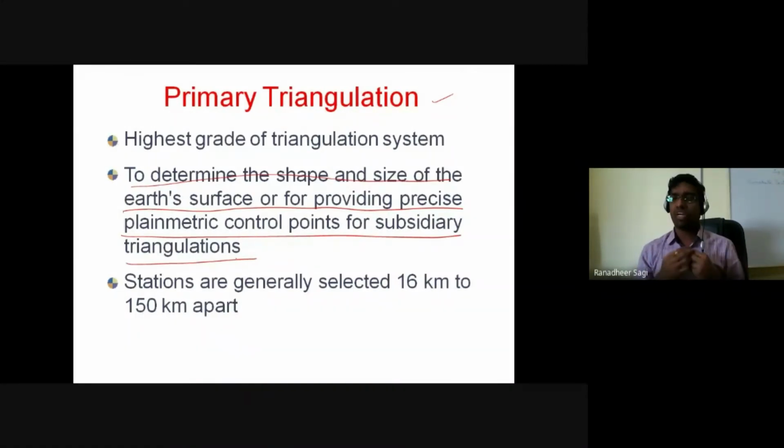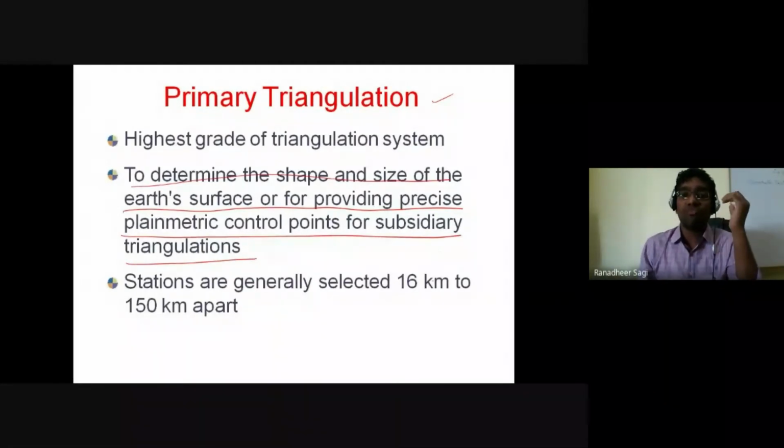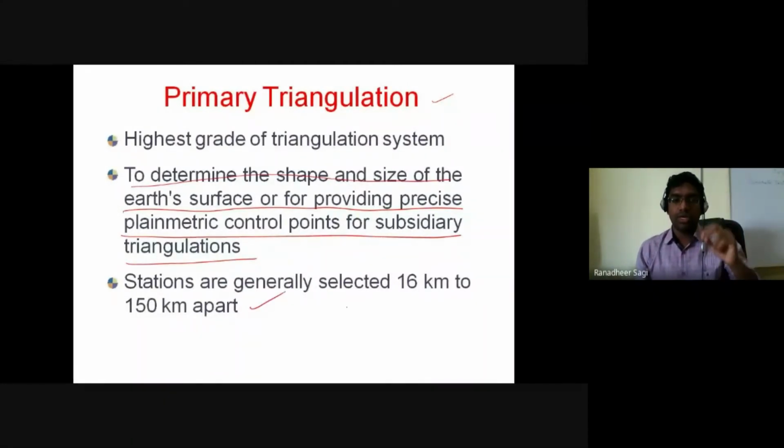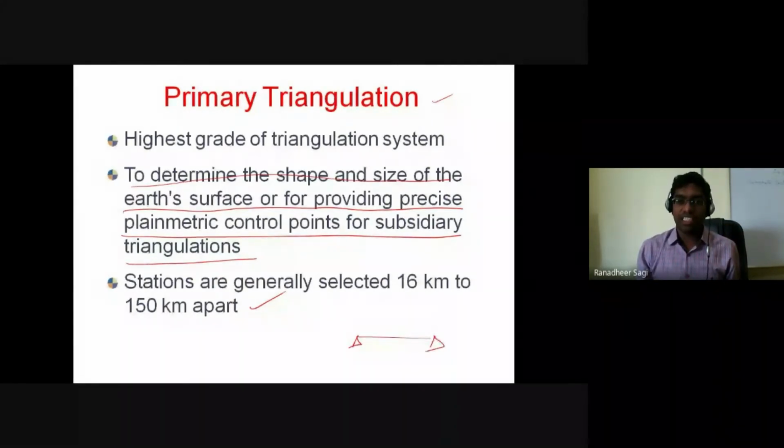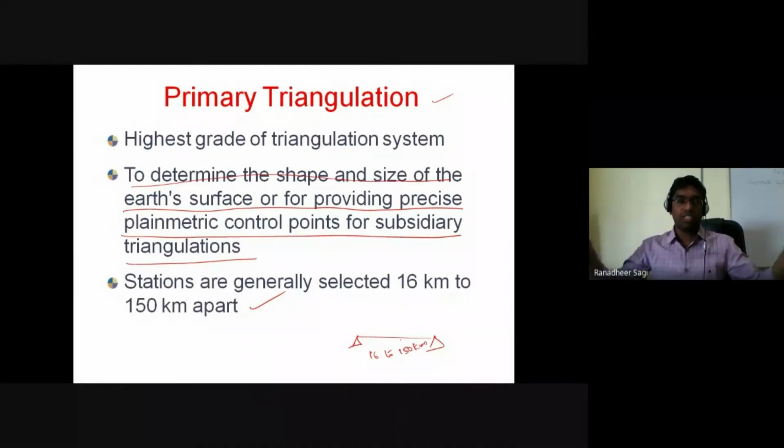When you talk about the primary triangulation network, the distance at which the triangulation stations are chosen is generally somewhere between 16 kilometers and 150 kilometers apart. If one triangulation station is here, I will have another somewhere here, at a distance of 16 to 150 kilometers, and another station somewhere here.